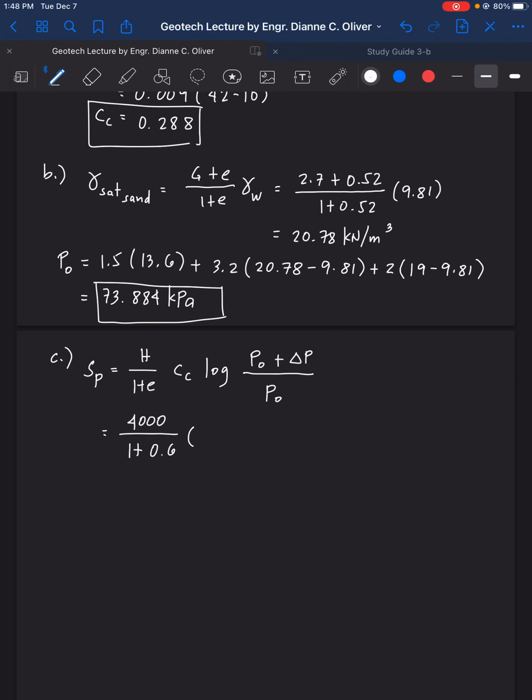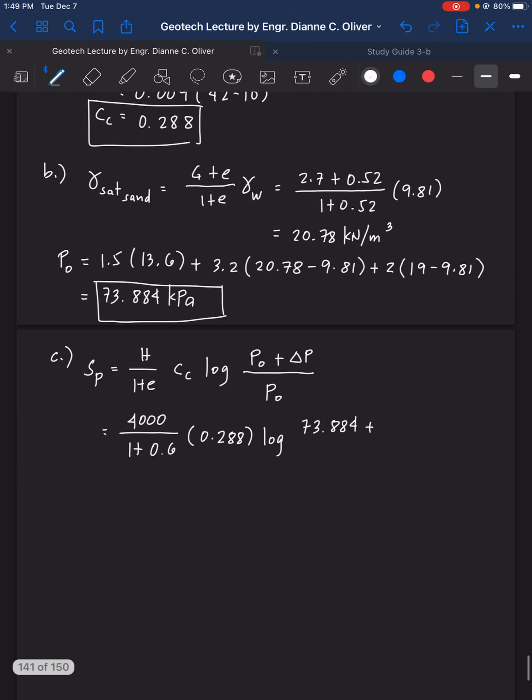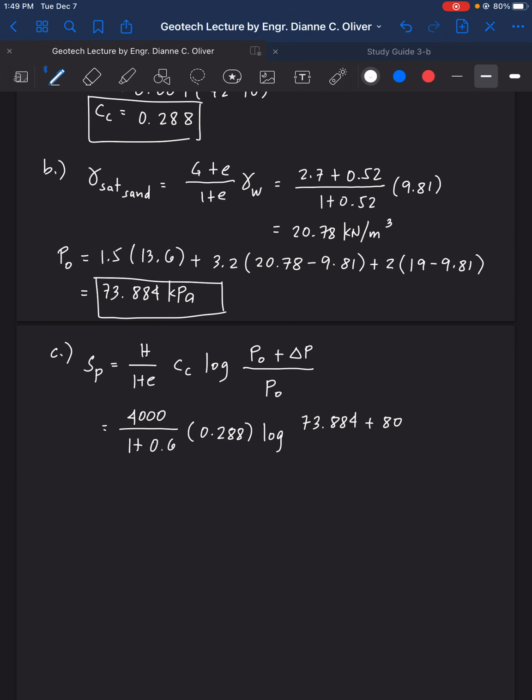And then the compression index, that is 0.288. Log of P sub O, that is 73.884 plus delta P, remember delta P, that is 80 kilopascal, all over P sub O, 73.884.